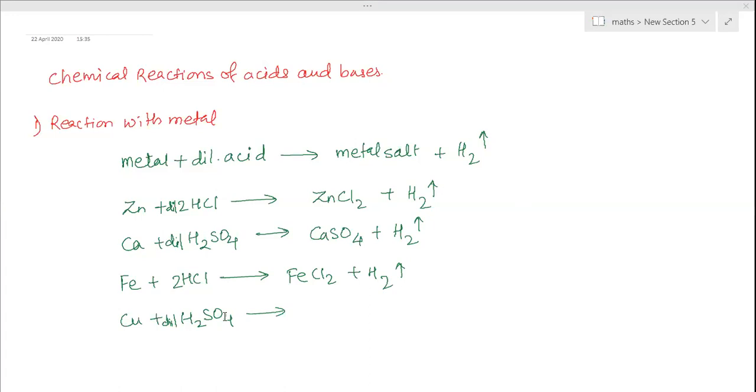Ma'am, it does not react. Why? Why won't it react? Because there are many other substances added in H2SO4 which do not allow copper to react with it. Nothing like that.